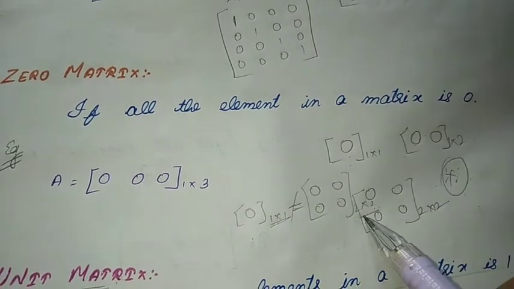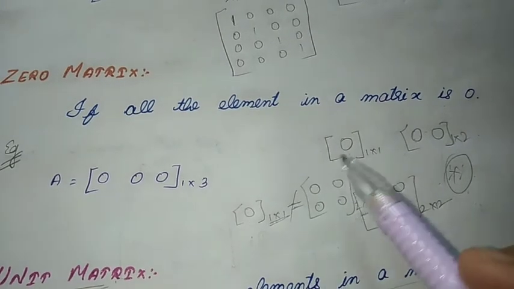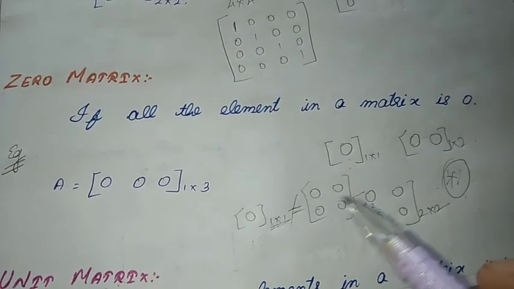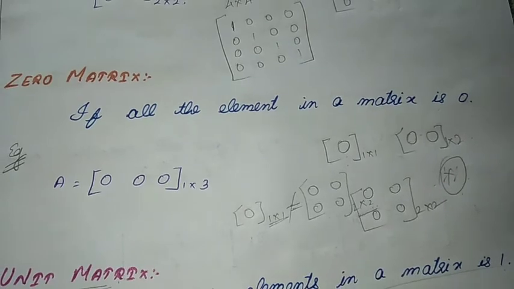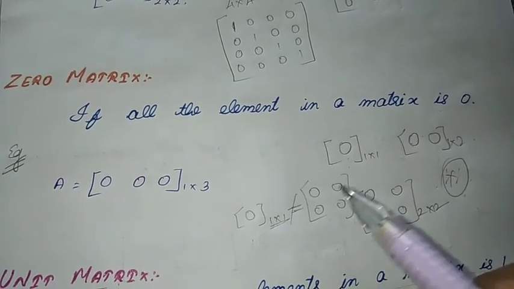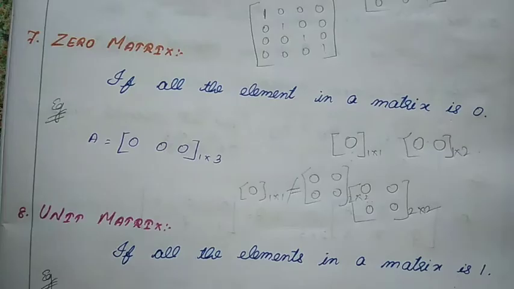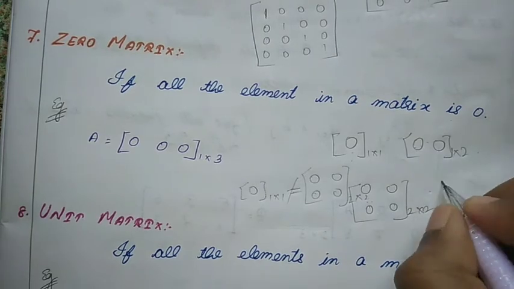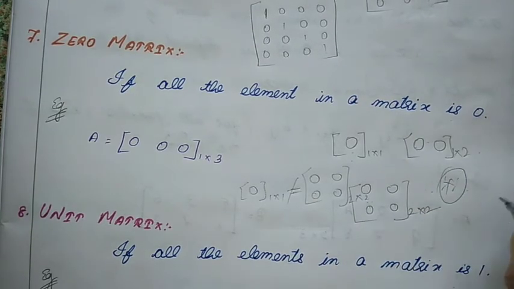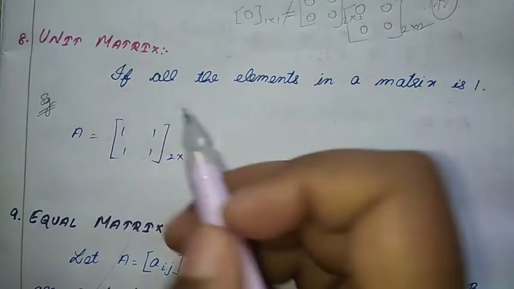If the order is the same, then we can say that zero matrix is equal to zero matrix. Since the order is different, the matrices are not equal. This is a very important note. This was asked as a one word answer in previous years, so this has to be noted.